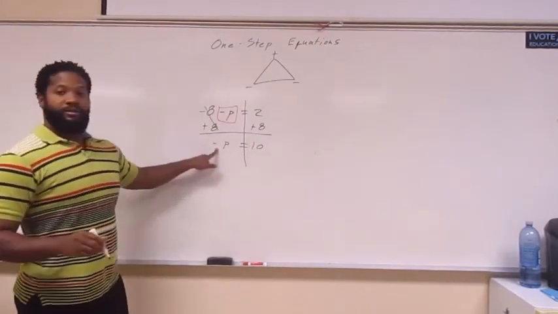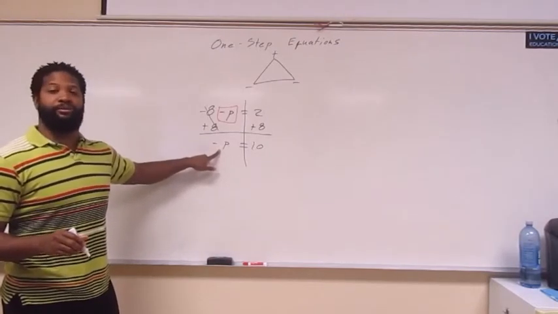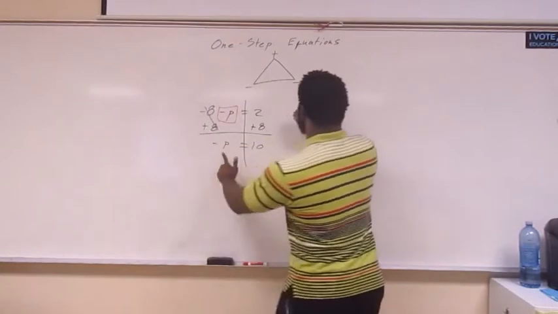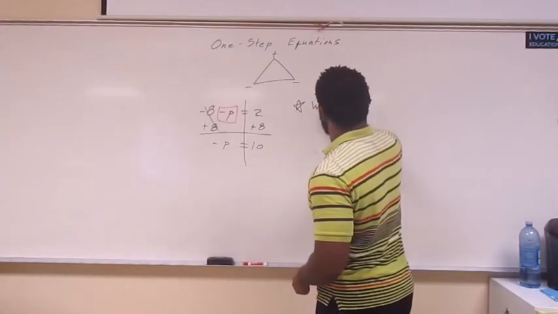Now, that negative is still next to that p. You got to get rid of that. So what you need to understand is that there's always a 1 right there.